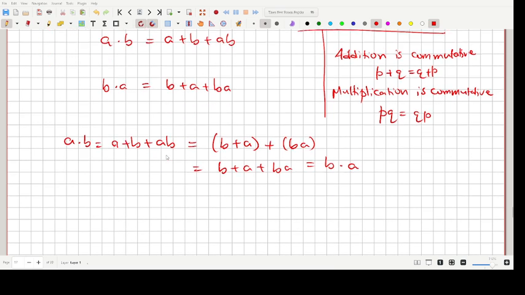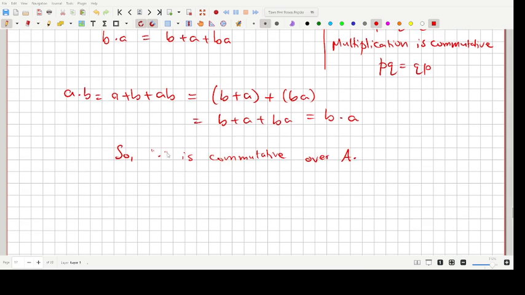So since AB is equal to BA, therefore the dot operation is commutative over A, right?